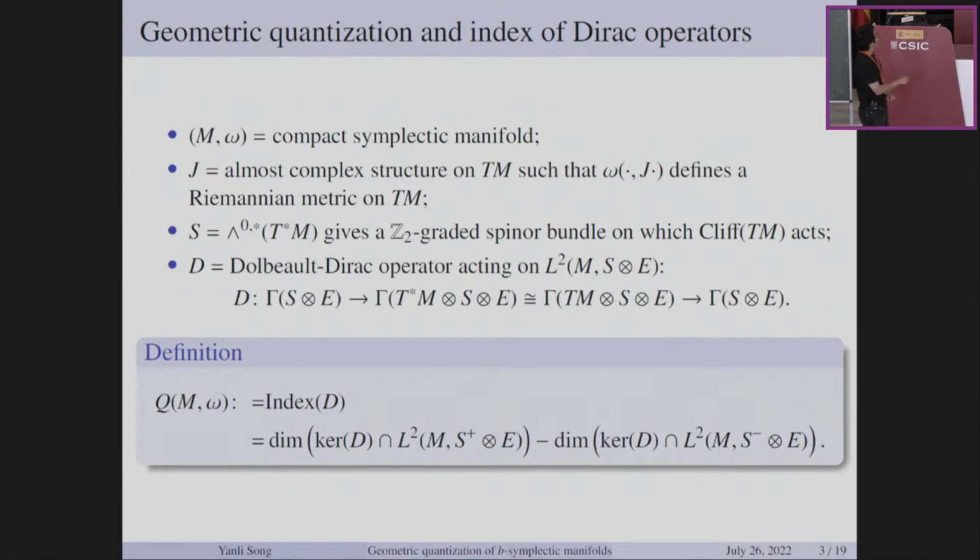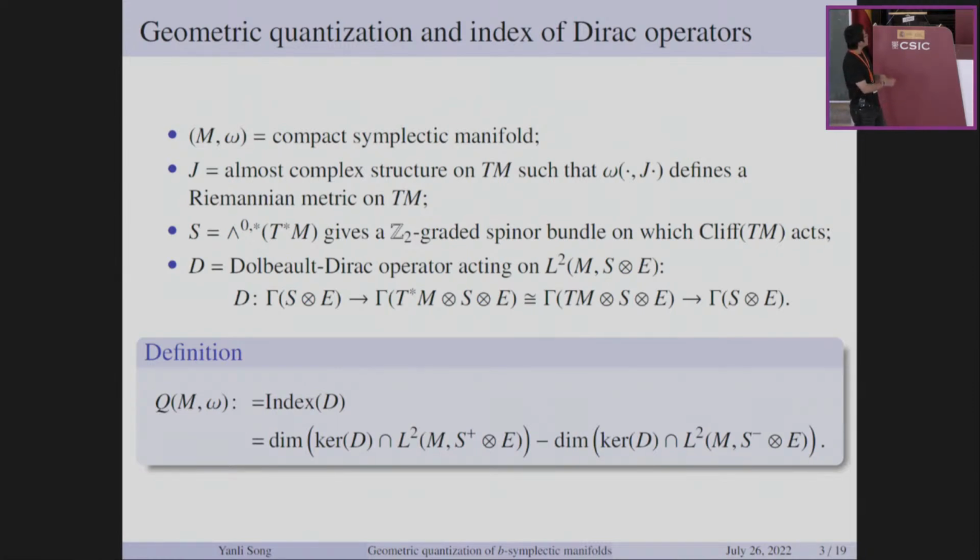Almost complex here means that this complex structure may not be integrable. You can consider the complexification of the tangent bundle and use J to decompose it into the 0-1 part and the 1-0 part. Then you take the exterior algebra of the 0-1 part. Call this S.